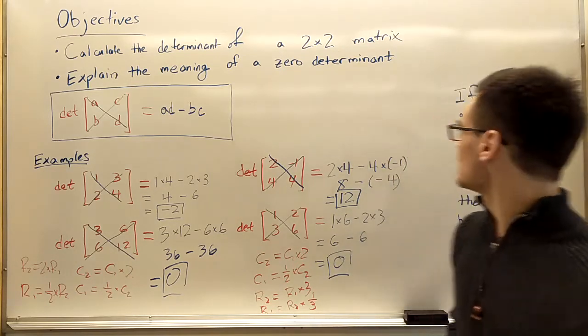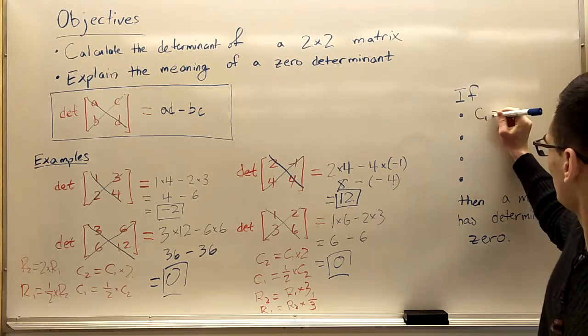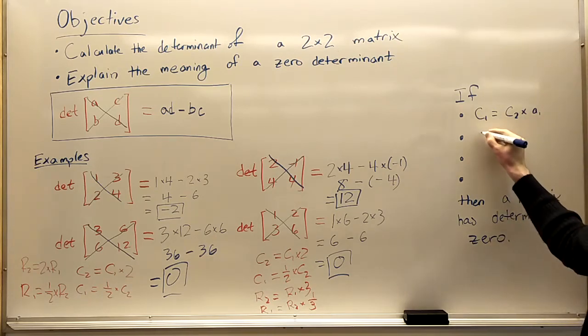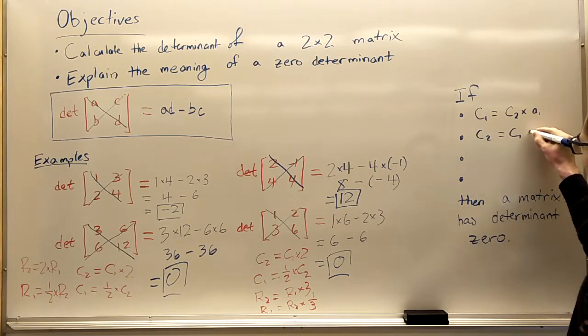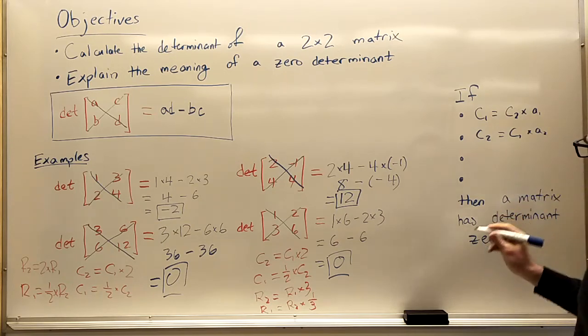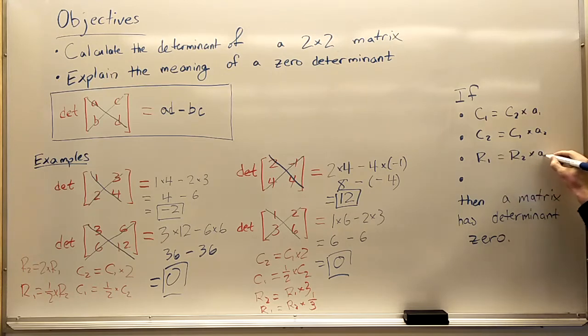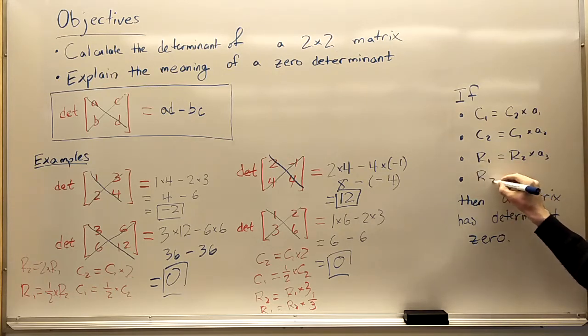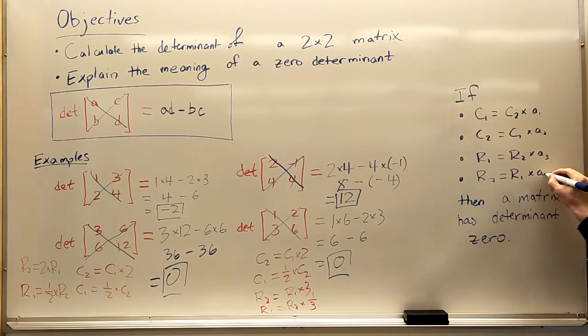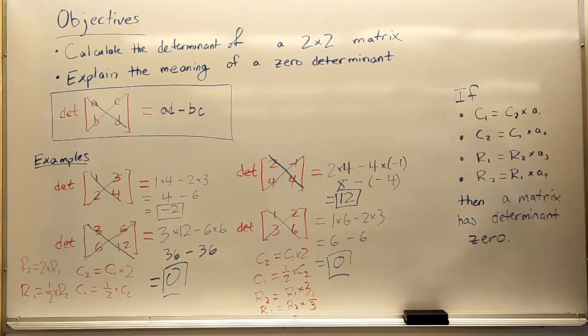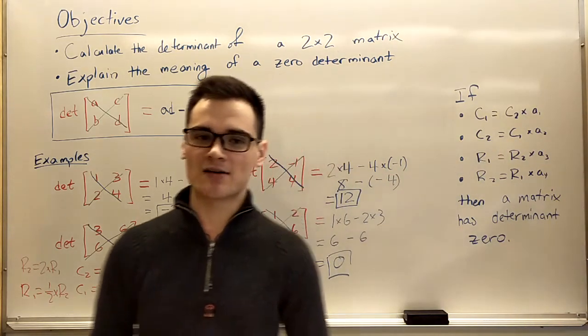What I mean by that is if column 1 equals column 2 times some number, let's call that number A1, or if column 2 is equal to column 1 times some number, let's call it A2, or if row 1 is equal to row 2 times some number, or if row 2 is equal to row 1 times some number, any of these things happen, then the matrix will have determinant 0. And we can see from these examples that if one of these things happens, all of them will. So for 2 by 2 matrices, that's what it means to have a determinant 0.